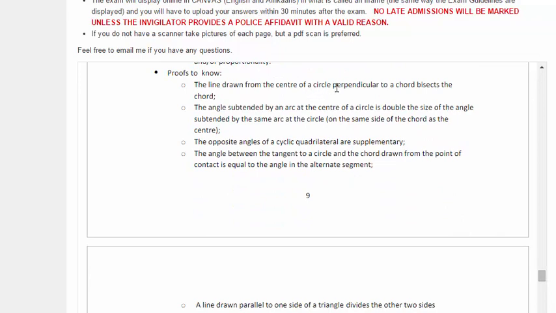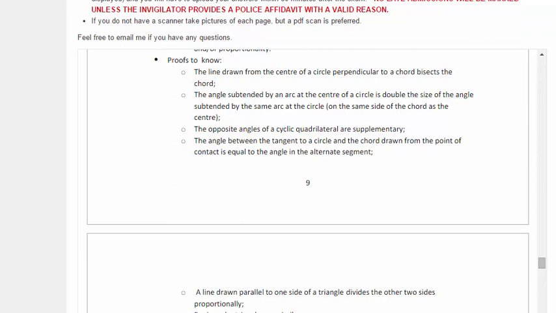The line drawn from the center of a circle perpendicular to a chord bisects the chord. Okay? Not difficult, huh? Possibly only 4 marks for that one: 2 for the congruence, 1 for the proof, and 1 for the conclusion. Or maybe if you're lucky 5, then it's really an easy 5 marks.